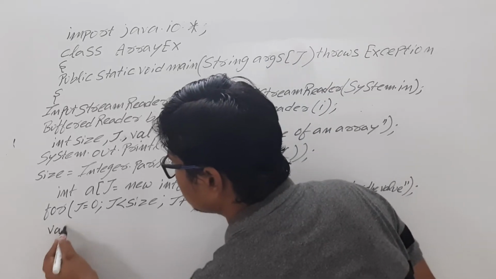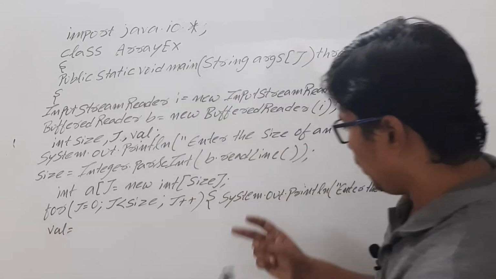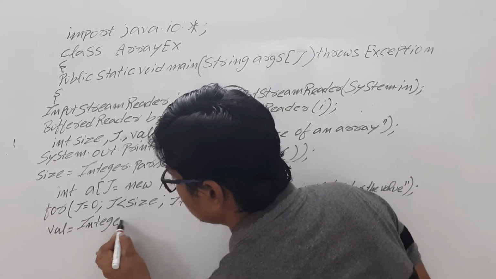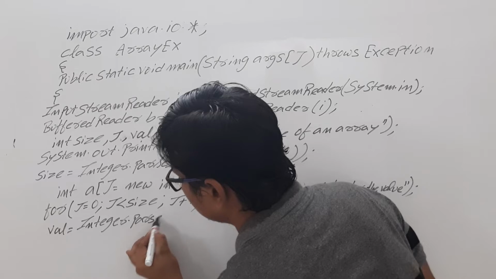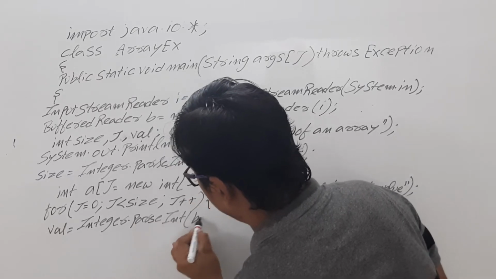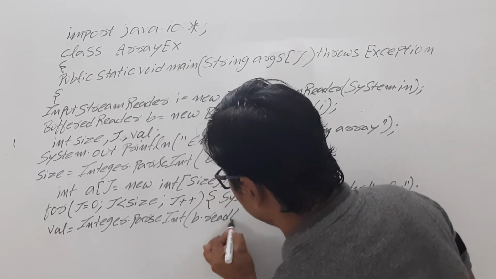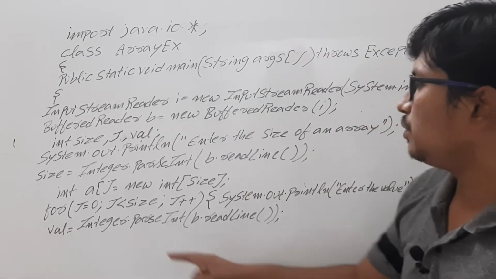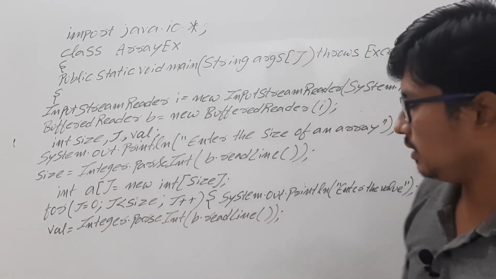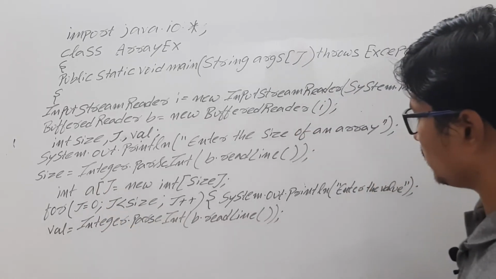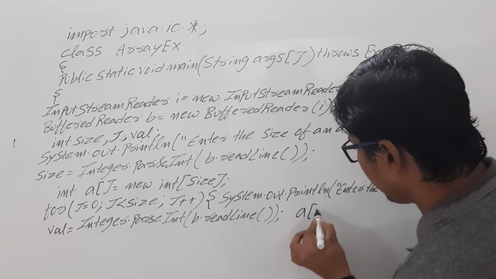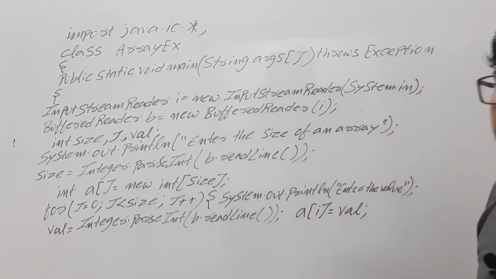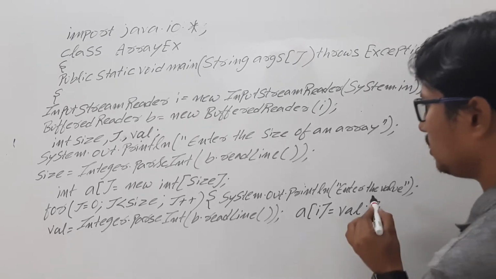So val is equal to Integer.parseInt(b.readLine()). That value I want to store in the integer array a. So I will write a of j is equal to val. So let me close the for loop.